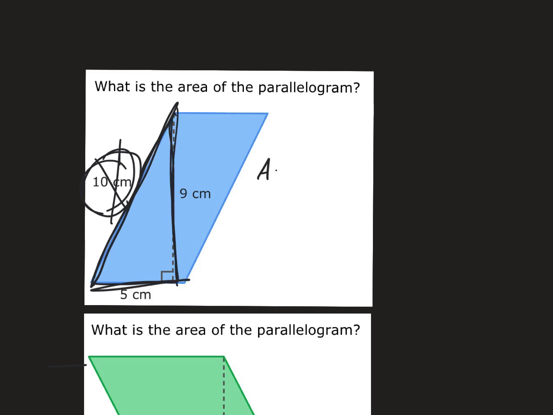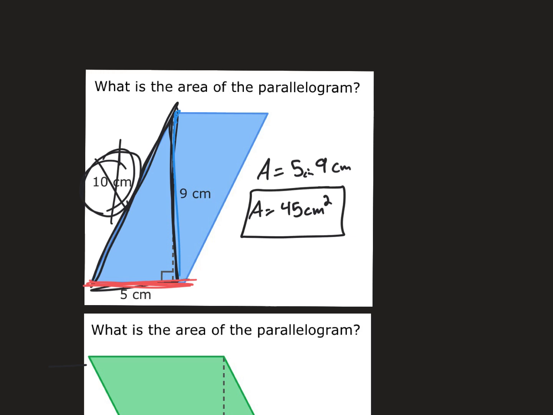And so our area, we would have 5 times 9 centimeters, and we have 5 times 9. That gets us 45 square centimeters. So all we do is we multiply our length by our height, and we're done.